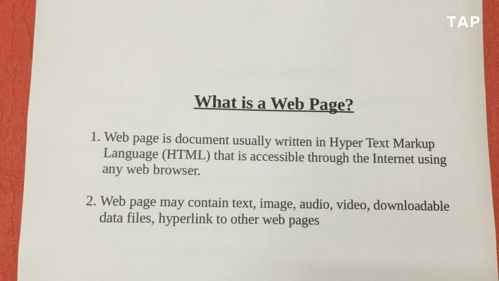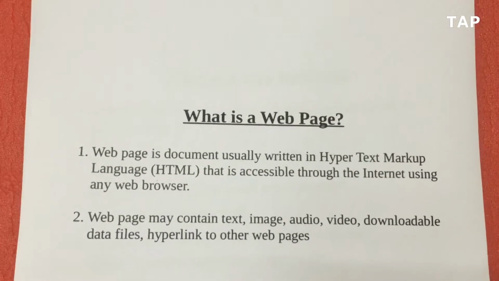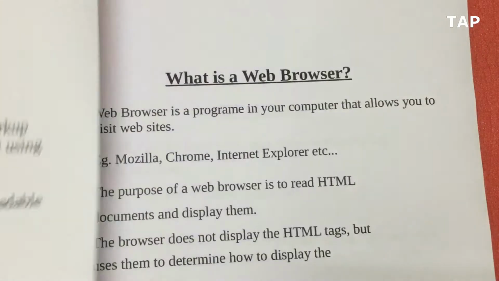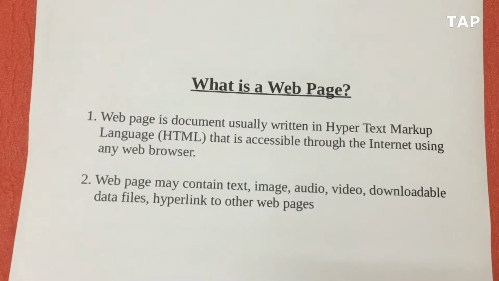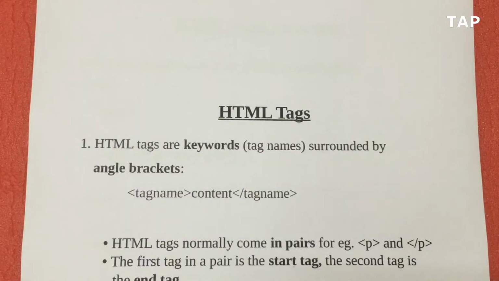That is the link from one page to another page. So your web page can have that also. All these things you can write using an HTML program. That means you can design your own web page. Okay, and all these things you can have in your web page. So now it's clear what is a web page, what is a web browser. Okay, and now we will see what is HTML.